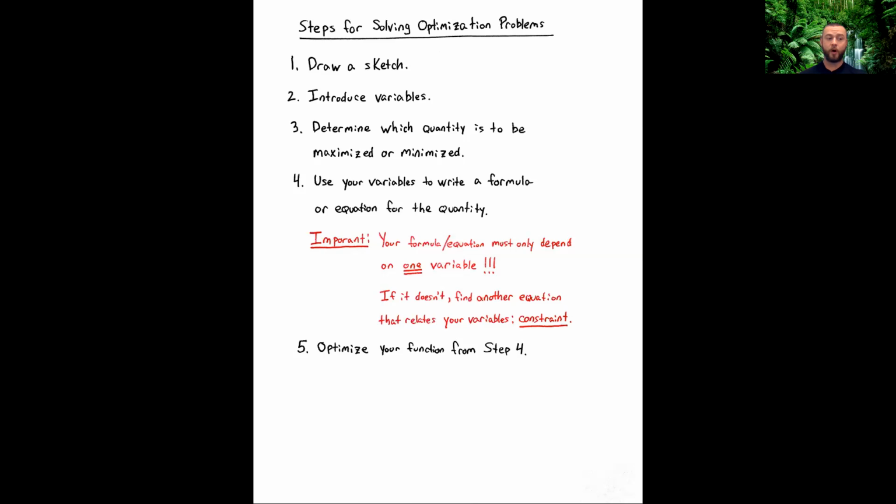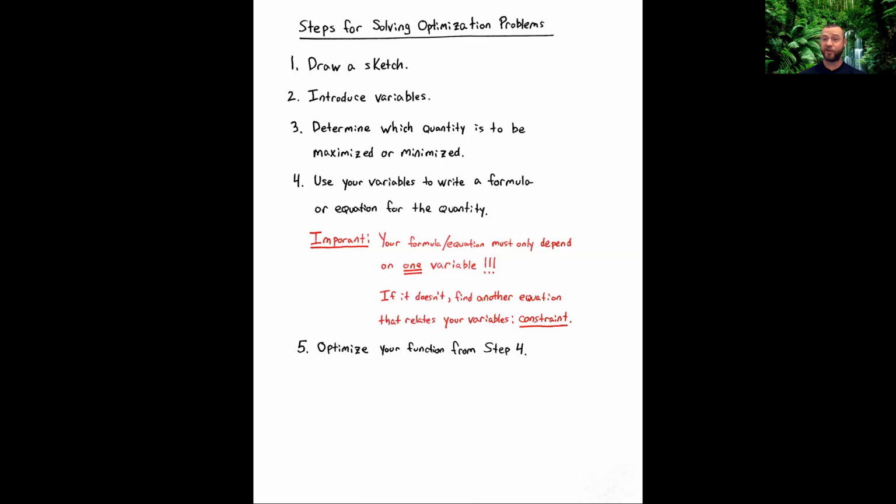If you continue on to multivariable calculus, Calculus 3, you'll see this idea of optimization with a constraint come back, but that's best left for Calc 3. Once you have your equation or formula found from step 4, you're basically ready to pick up with the optimization procedure.